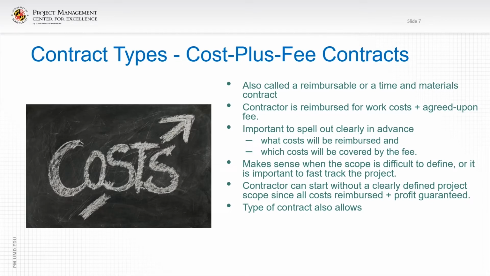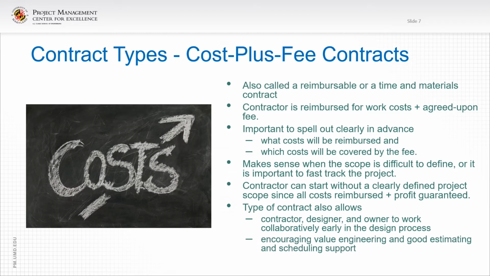This type of contract also allows the contractor, the designer, and the owner to work collaboratively early in the design process. And finally, it's encouraging value engineering and good estimating and scheduling support.